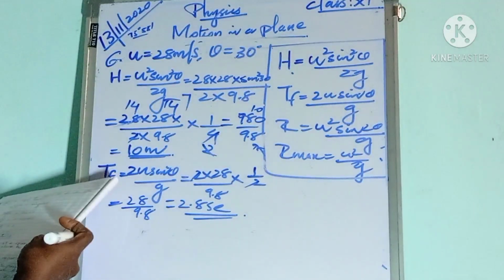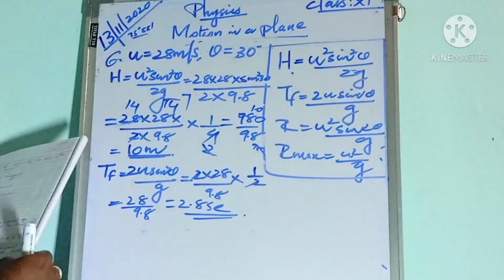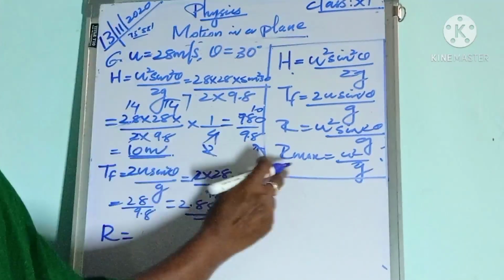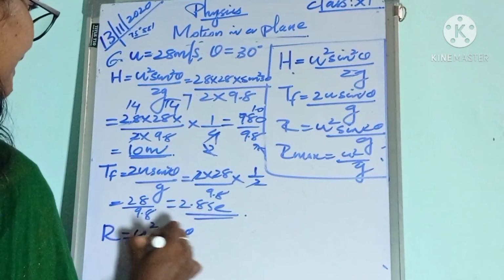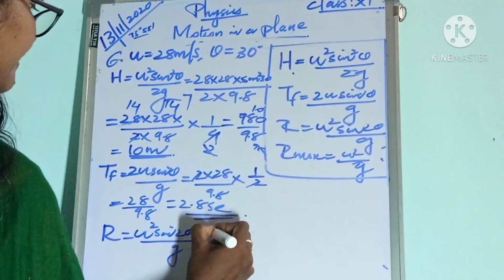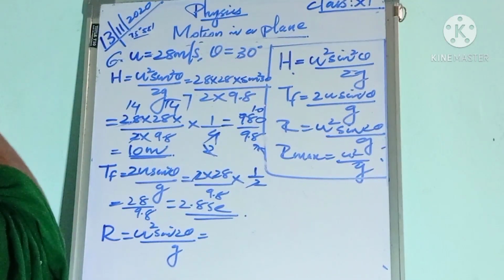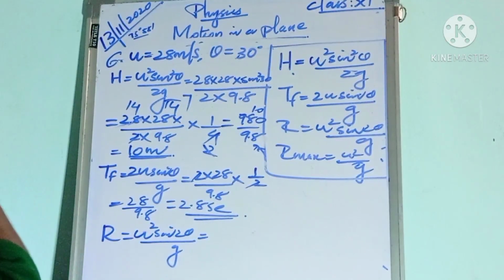Next we have to calculate the distance from the thrower to the point where the ball returns to the same level, that is the horizontal range R. You know the equation for horizontal range R is u square sine 2 theta by g.